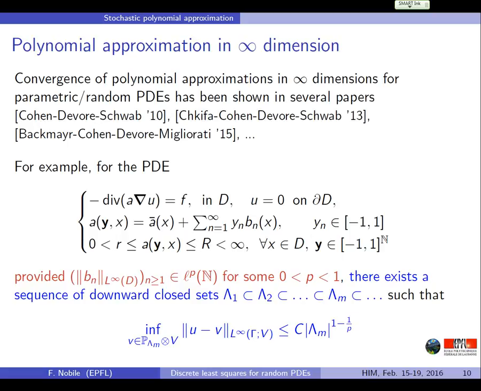So basically, what dictates the approximation rate is how fast this series decays. The y here are normalized in minus 1, 1, so for this series to converge, these functions should decay. The faster they decay, the smaller exponent you can take here in the summability of the sequence. So that's the rough intuition.